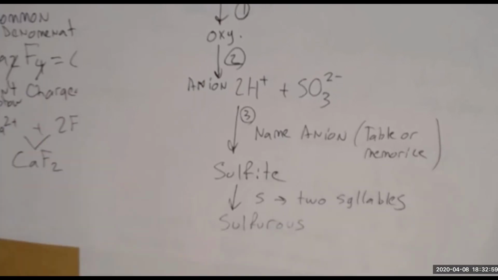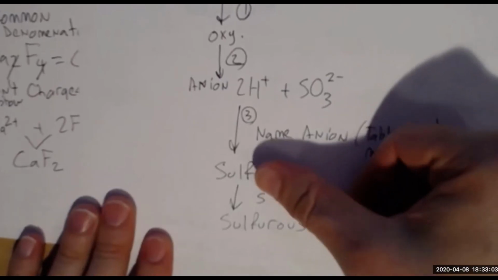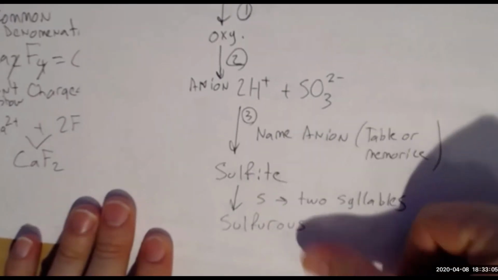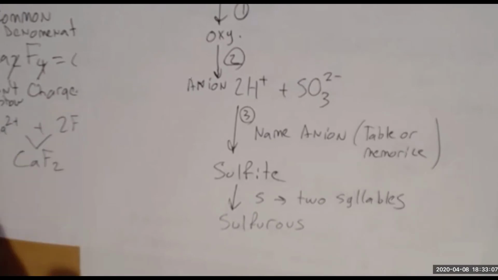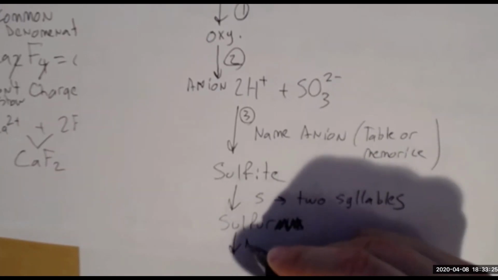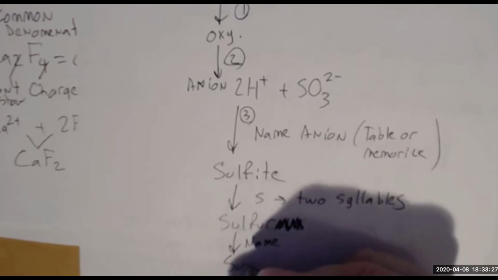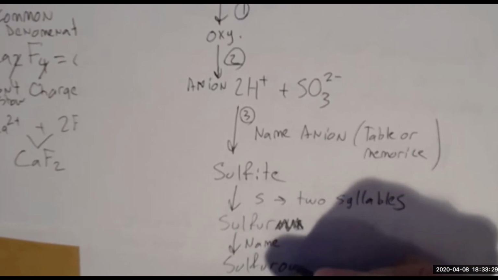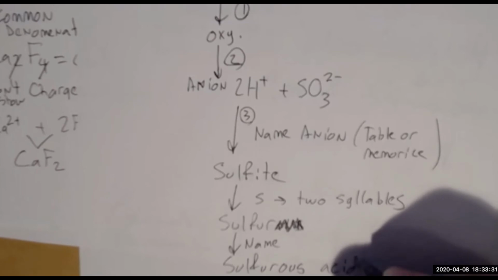I don't say sulfus acid. Normally you remove the ite and you add us, but with sulfur you get 2 syllables, sulfur and then name. Sulfurous acid.